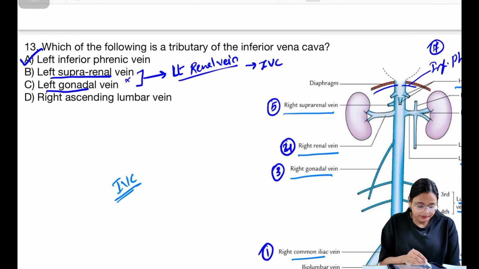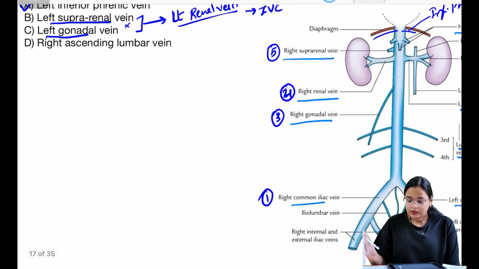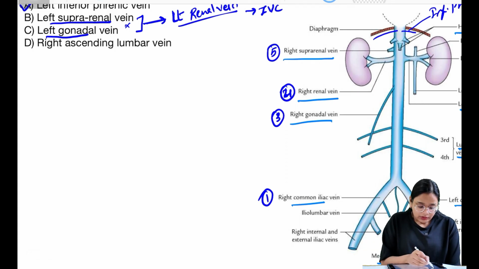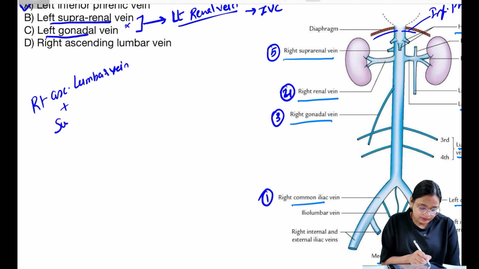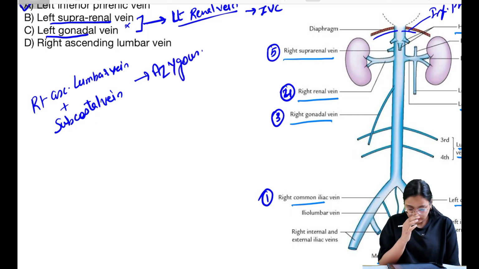Why not right ascending lumbar vein? If you know, on the right side, this right ascending lumbar vein along with subcostal vein forms the azygous vein. So this is also not a tributary of inferior vena cava.